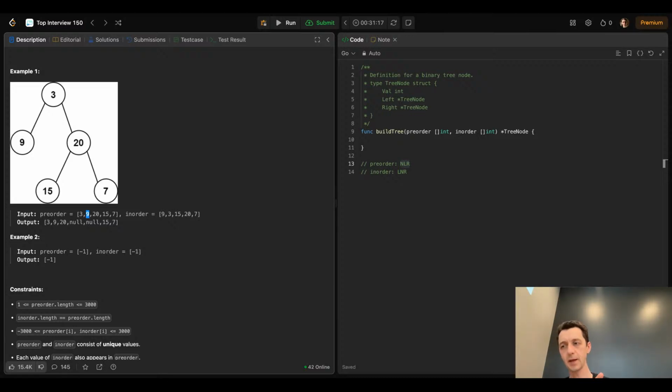I'm thinking which of these orders gives us a simple solution. Actually, first of all, both of them are depth first search, so we're not gonna get breadth first search out of them.